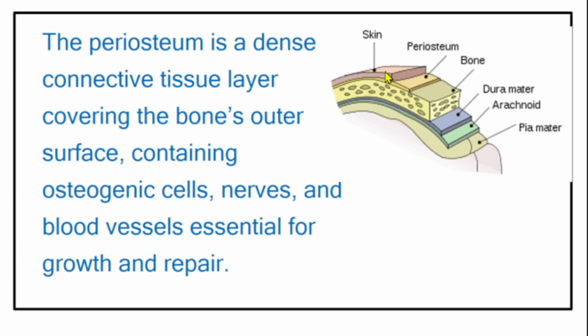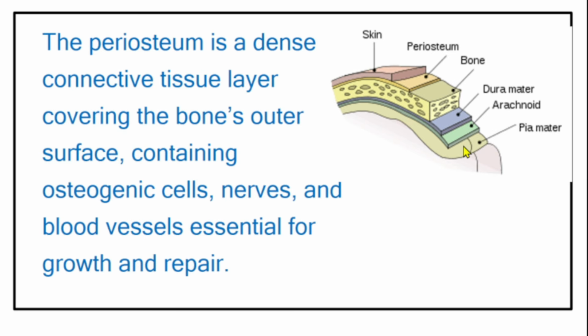The outermost layer is the skin or scalp. Below the skin there is a layer known as the periosteum, above the skull bone. Then comes the skull, the thickest part. Below the skull there are three layers: dura mater, arachnoid mater, and pia mater.